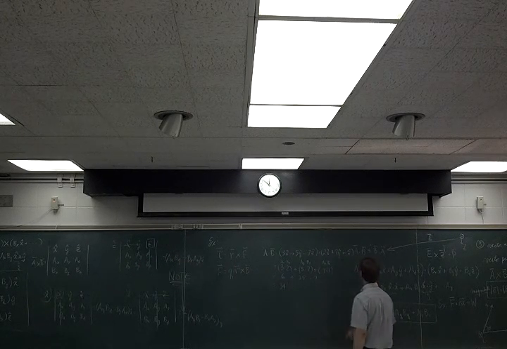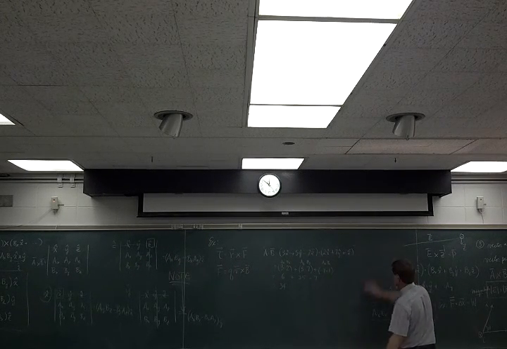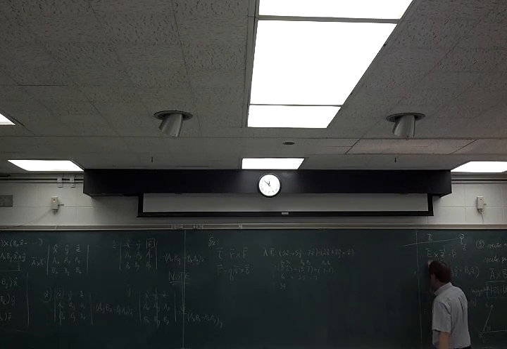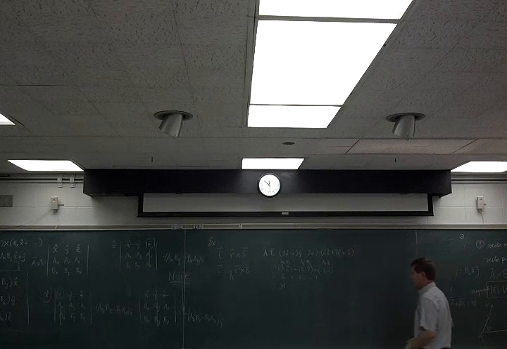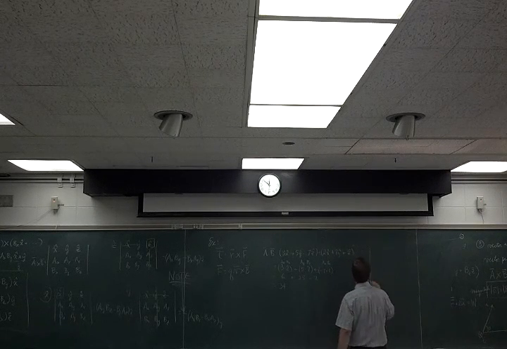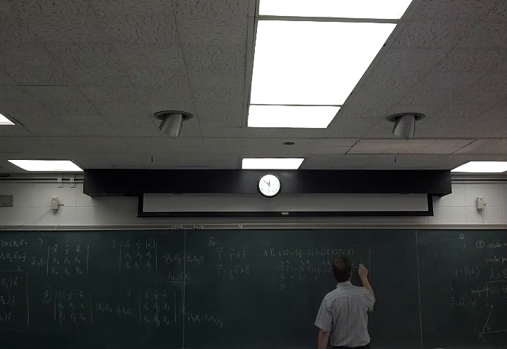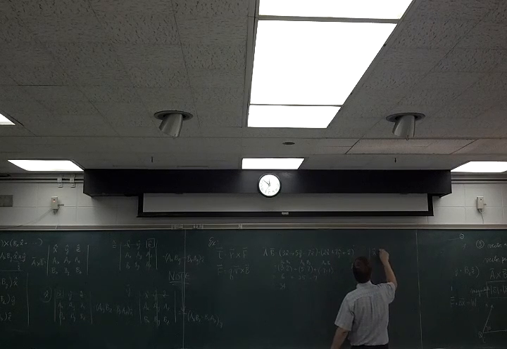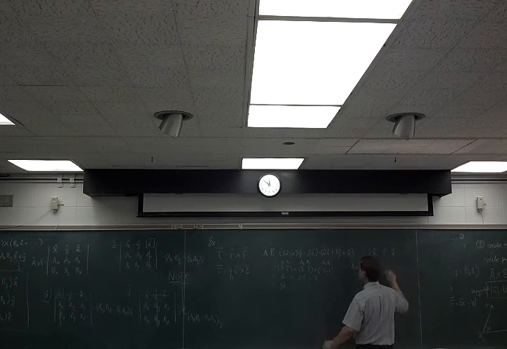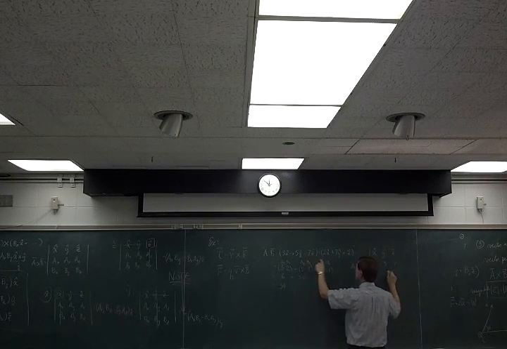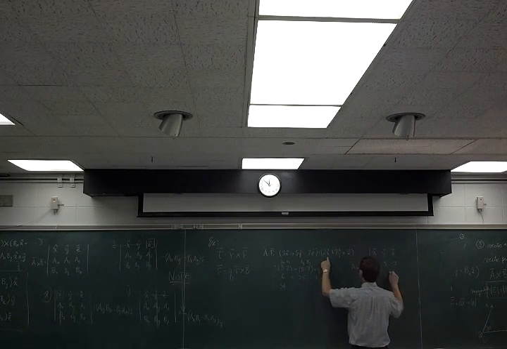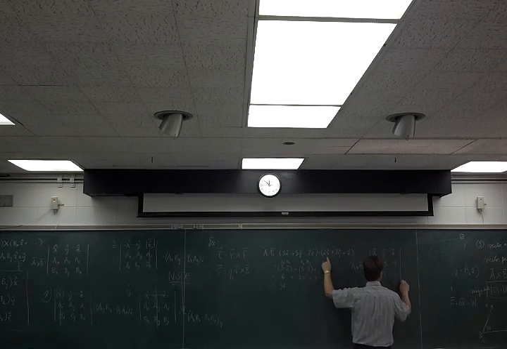Okay. Next one. Let's do this quickly. Here we go, A cross B. Make the determinant: x hat, y hat, z hat. So 3, 5, minus 7, and 2, 7, 1.